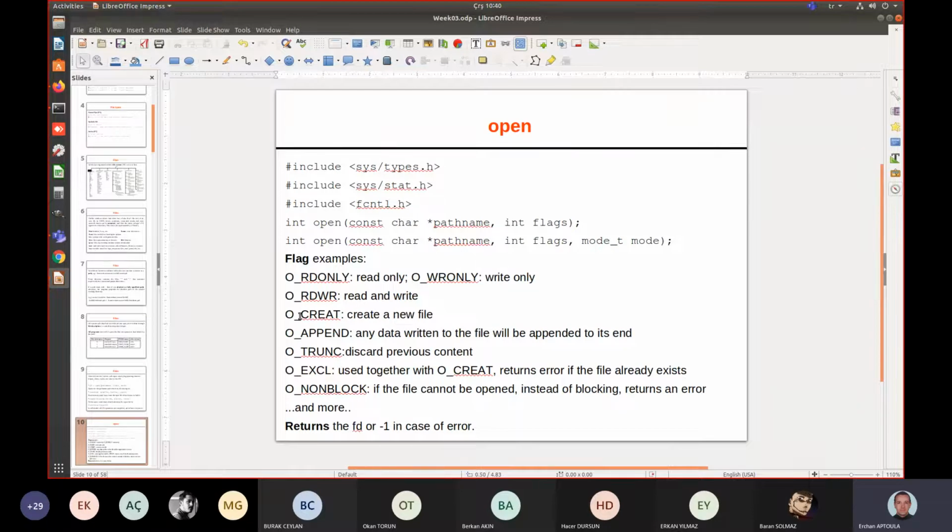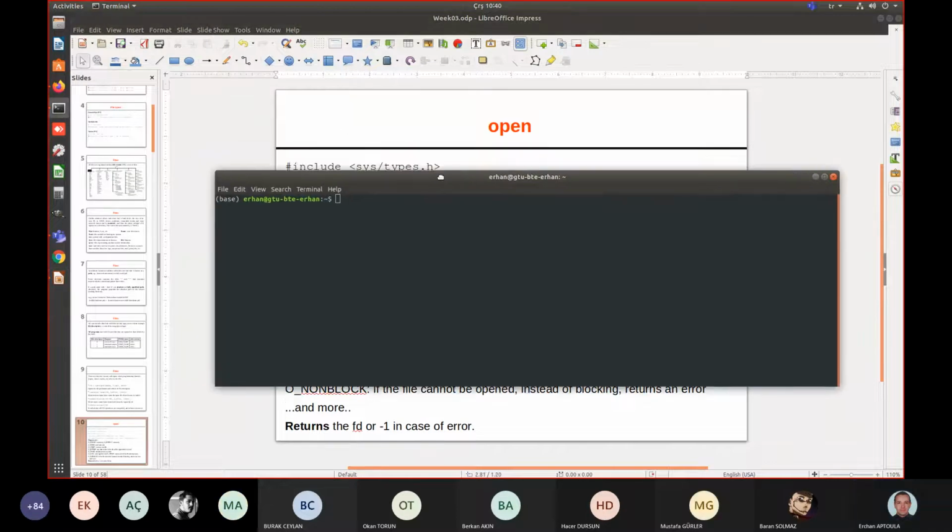Now, let's take a closer look at the open system call. At the top, you can see the system call signatures and the necessary header files. Whenever you need additional details about a system call, which command do you use? Man. Yes, we use the man command.